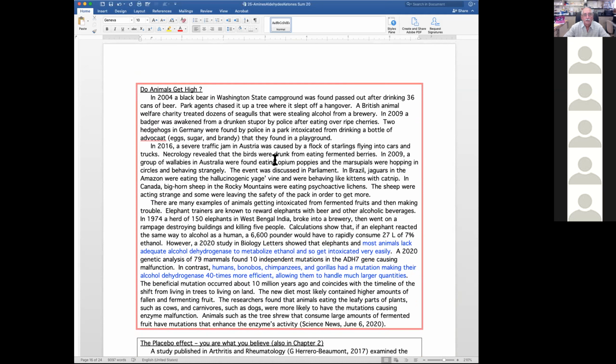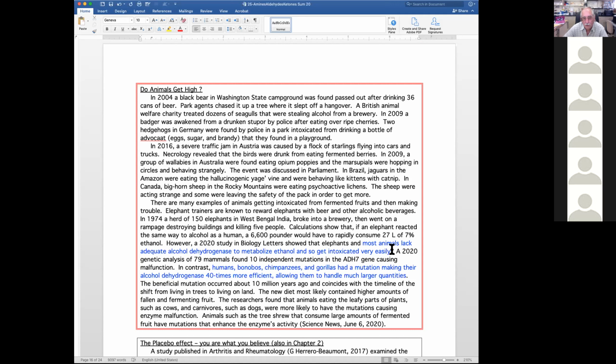So here's some funny things about animals. So do animals get high? The answer is yes. And many of them go out of their way to try to get at least alcohol. So it turns out that most animals lack enough alcohol dehydrogenase to metabolize ethanol, and so they get intoxicated very easily.